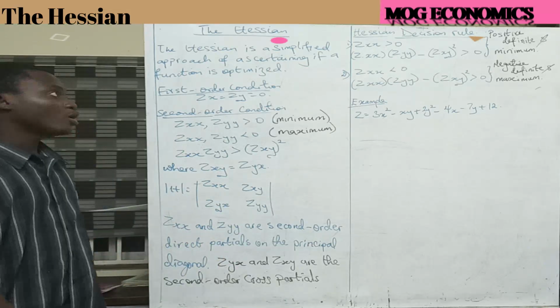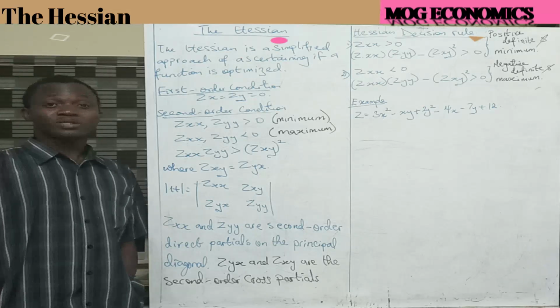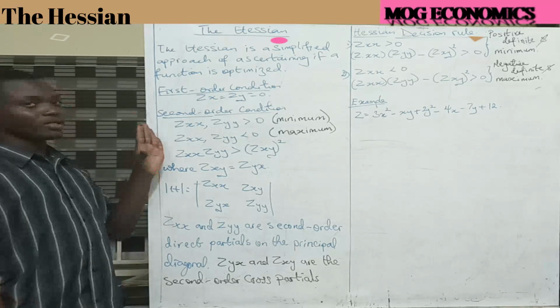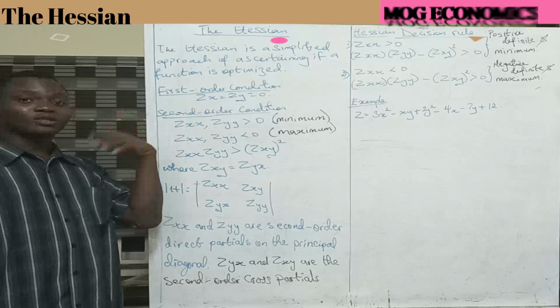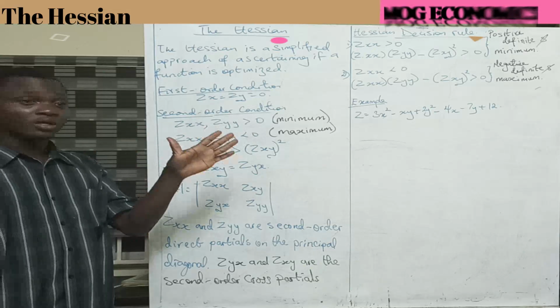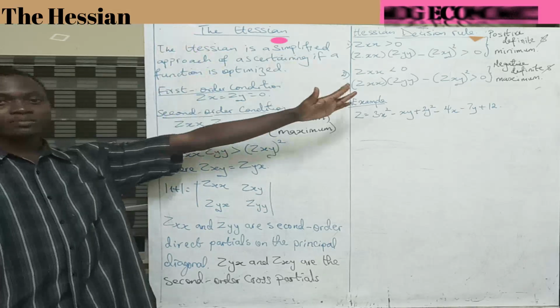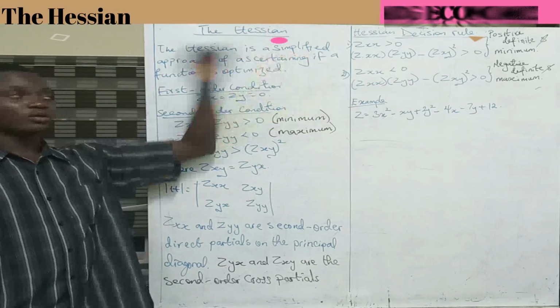All right. So there is a decision rule if you are using the Hessian to optimize, to check whether your functions are minimized or maximized. The things I spoke about earlier are what you are probably used to when trying to optimize multivariate functions. But the Hessian method has its own decision rule.